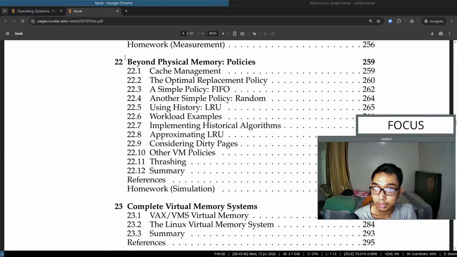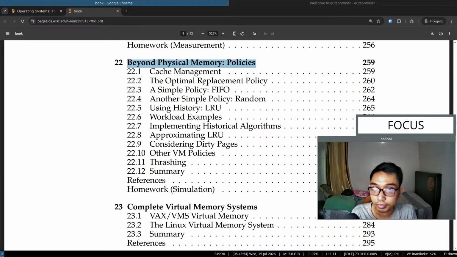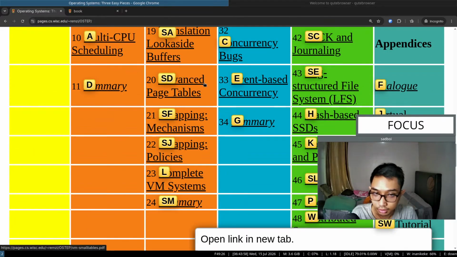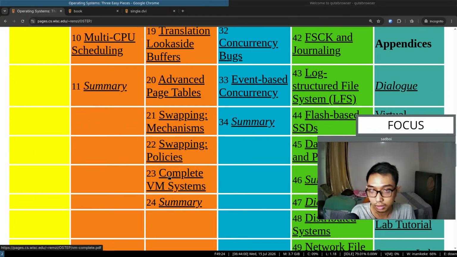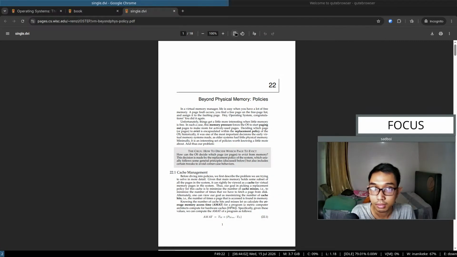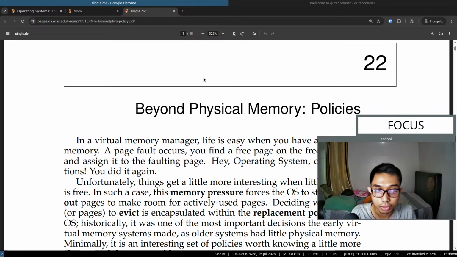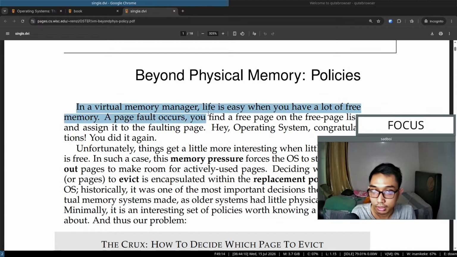We are in chapter 22 here, Beyond Physical Memory: Policies. Let me open that. Let me read from the beginning, I guess.